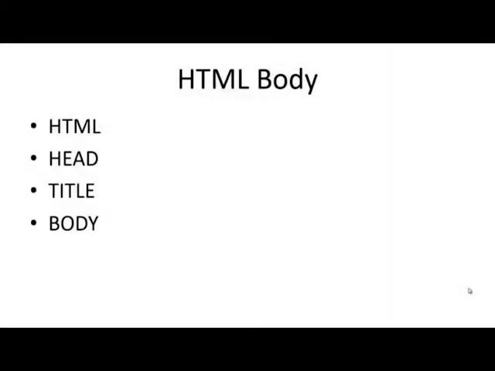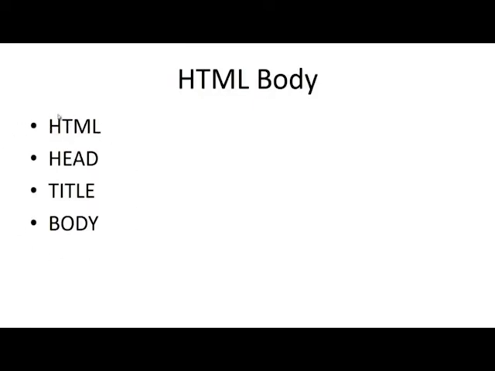Before I move on to video number 2, we are going to talk about the basic structure of an HTML body. Whenever you create a new HTML page, this is basically what it looks like. At the top, you're going to have an HTML tag, and think about it wrapping around. So, you have the HTML, and you have the head, which is right underneath the HTML.